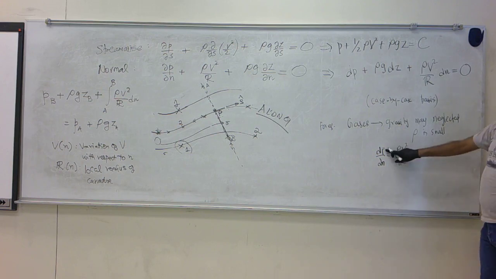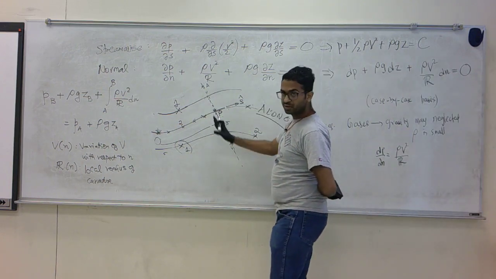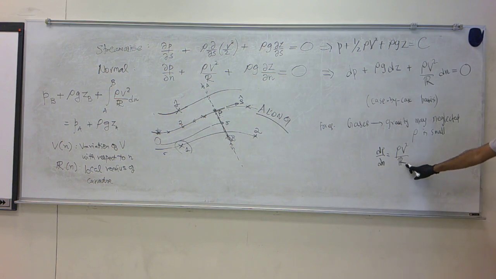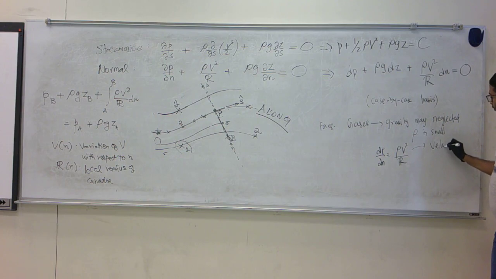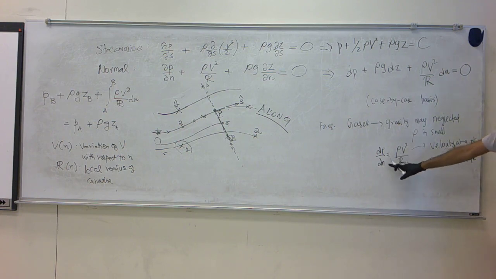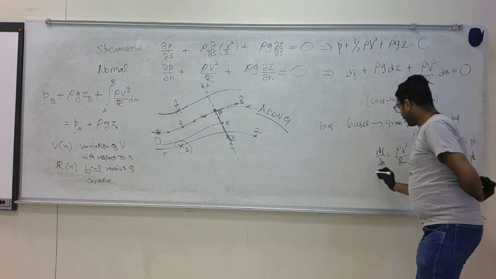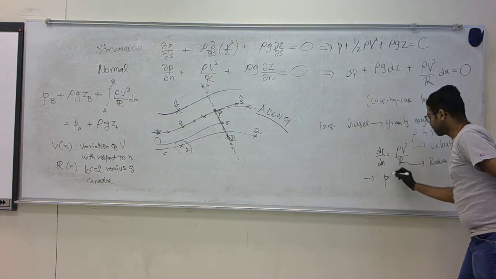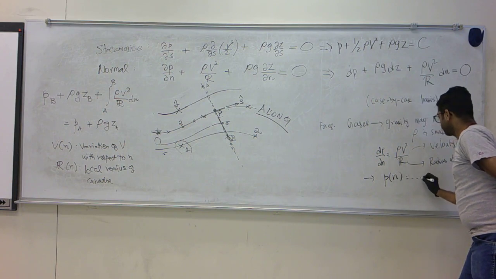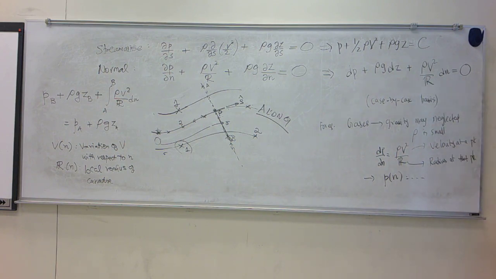That is, the rate of change of pressure in the normal direction is simply equal to rho v squared over r, where v is the velocity at a point and r is the radius of curvature at that point. So this may allow this expression to be evaluated, and you can get the variation of pressure along the normal direction. That may be possible, and we will see it through examples.